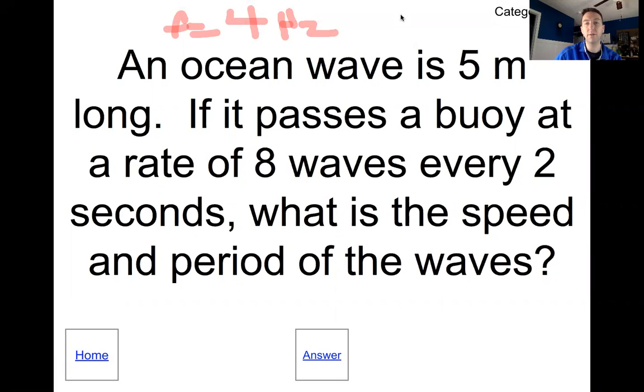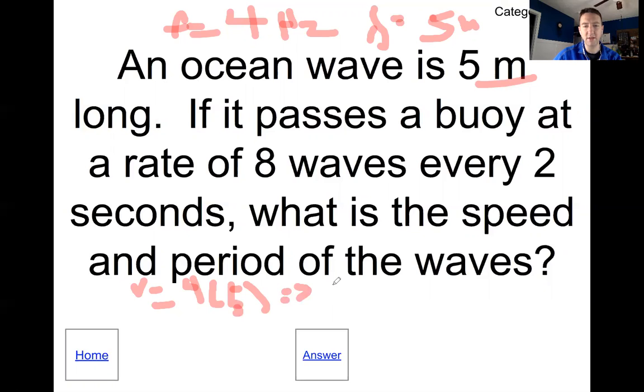We know the wavelength is equal to 5 meters. If I want to know the speed, it's going to be frequency times wavelength. So the velocity is going to be equal to frequency 4 times 5, the wavelength. That means my velocity is going to be 20 meters a second.